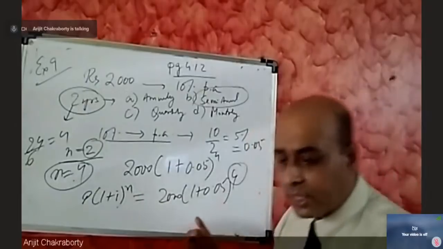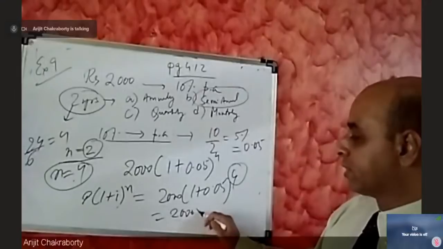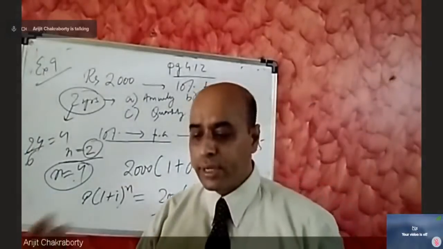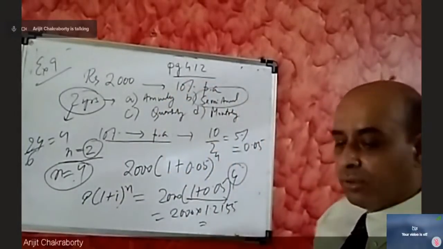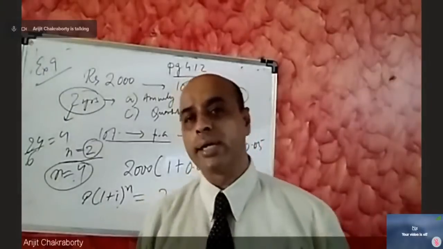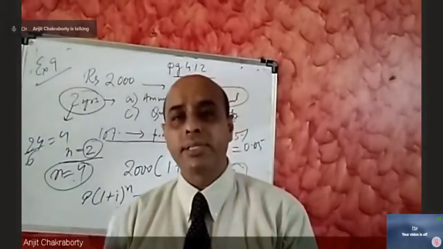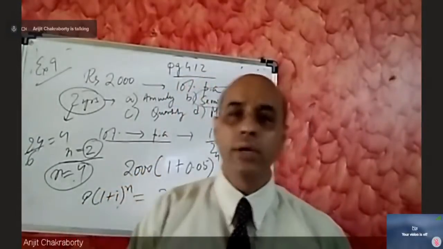If you calculate, it will come to 1.2155. So the amount is 2431. So this is on the basis of 2 years, and when we are going for semi-annual compounding.